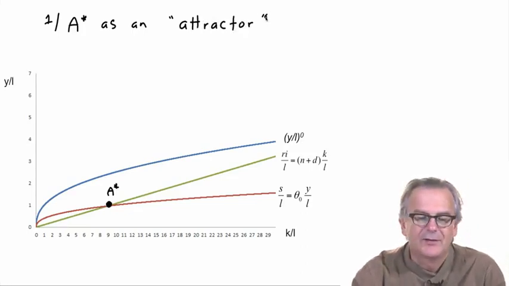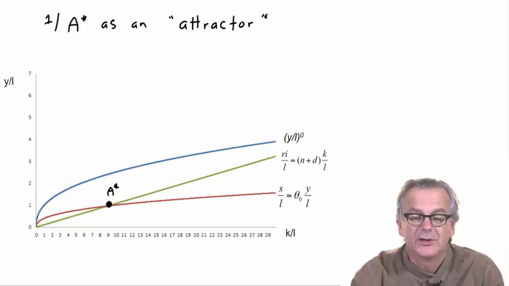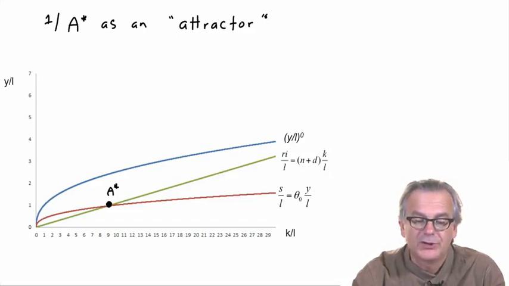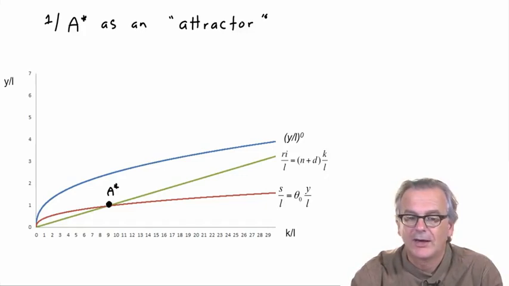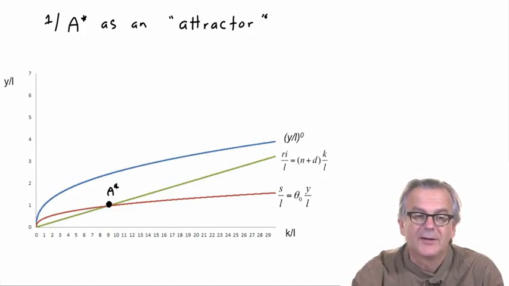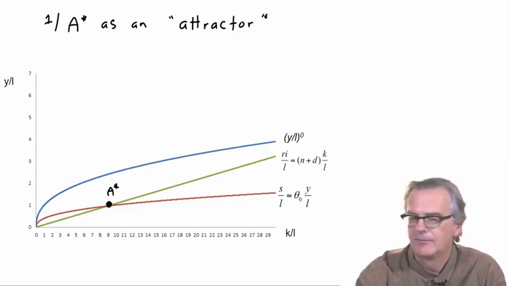What I mean by that is that we have forces in the economy that are pushing the economy towards that steady state. It doesn't matter if your capital-labour ratio is to the right of that point or to the left of that point. As we've seen, there is a tendency for the economy to be moved towards that point. It could take many years, but you're going to get there.